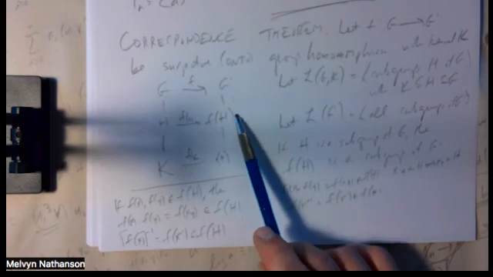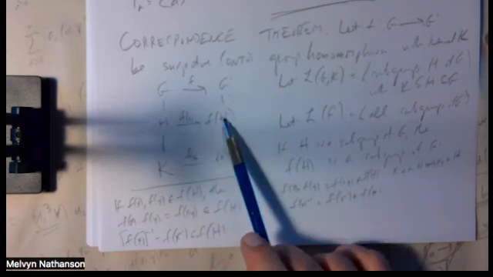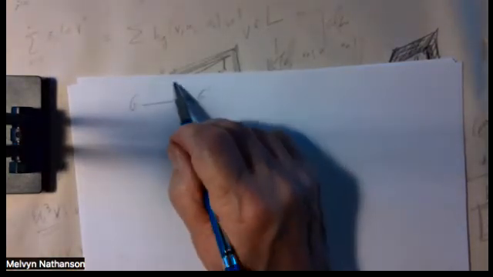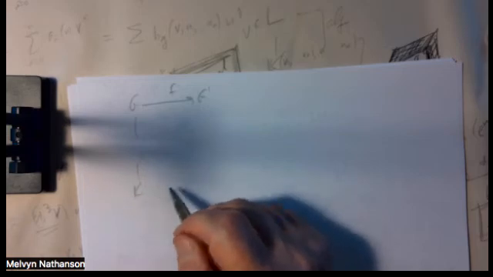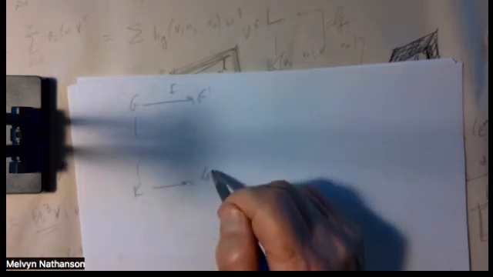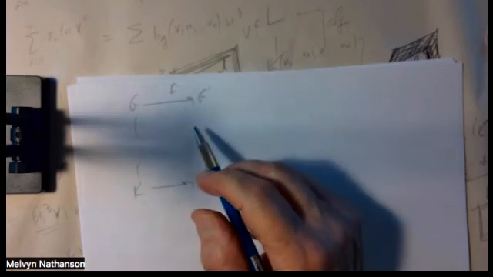And I would like to show that, in fact, F maps onto every subgroup of G prime. If I take any subgroup of G prime, it's of the form F of H for some H over in G. So here I have G goes to G prime under F. I have the kernel K, which gets mapped to the identity in G prime.